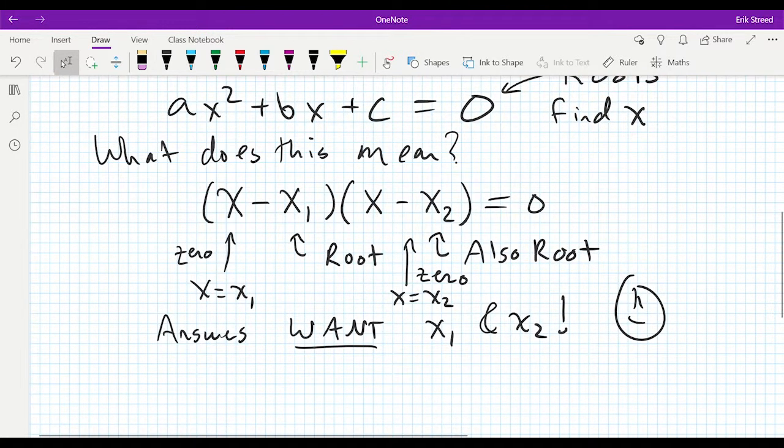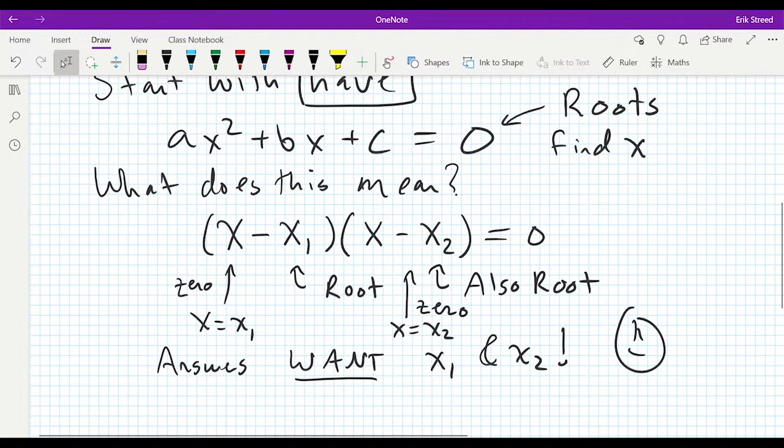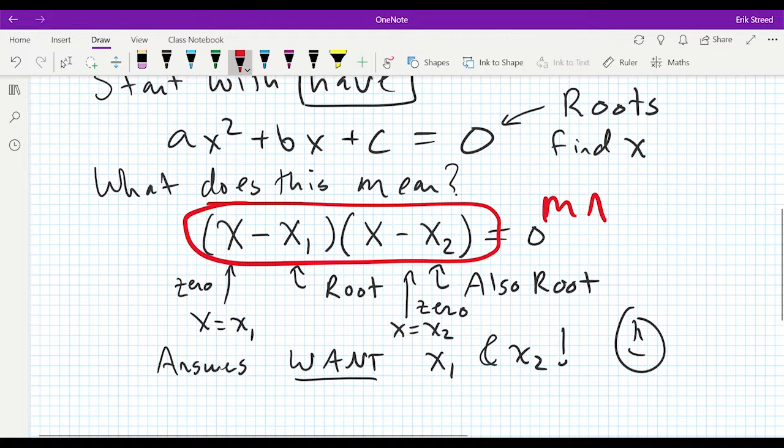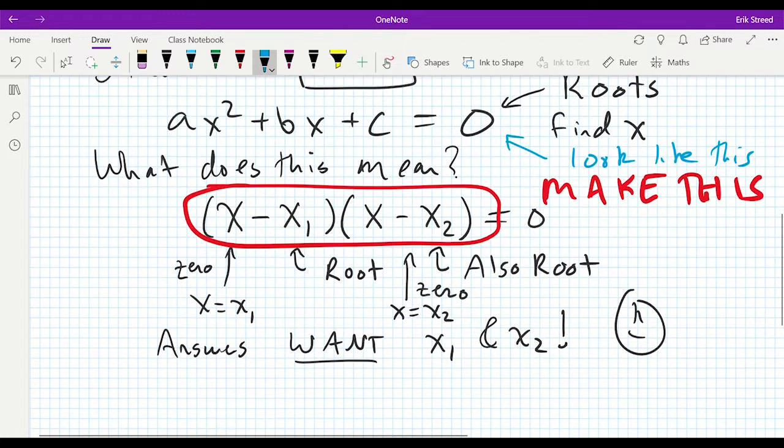So how do we figure out what x1 and x2 is? Well, what if we can make this thing look like this. So we've got our original equation. If we can change this around, maybe we'd have a crack at being able to find x1 and x2.